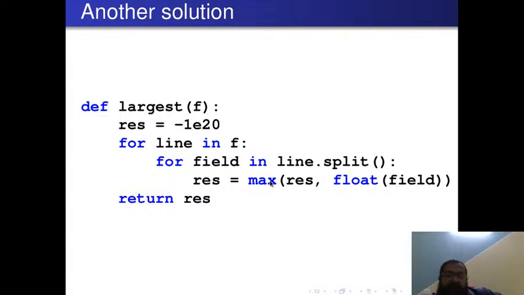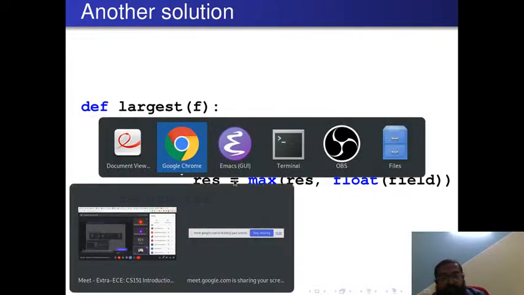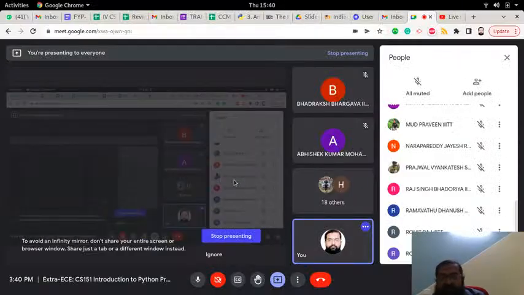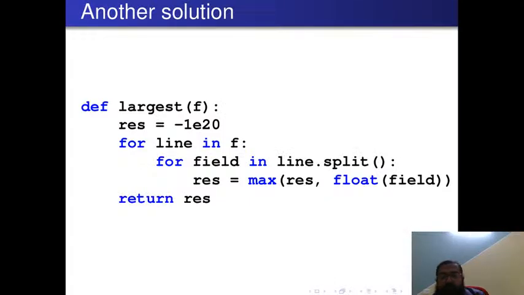I will compare these two and store the max in the result, and then get the next field, compare it with the new result, and keep on updating it until finally I am done reading the file, and whatever I have in result will be returned. Is that clear? Do you guys agree, and do you understand? Do you follow? Yes, sir. Okay, so that is another solution.